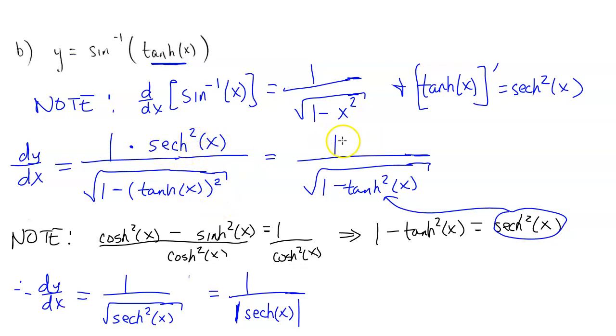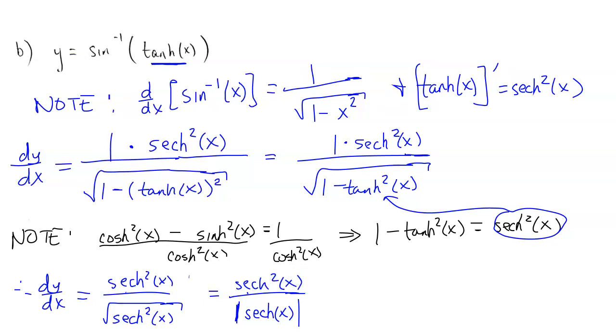And I've been forgetting to write this secant hyperbolic squared here, so I need to go ahead and write that in on top. So that'll just be secant hyperbolic squared here.